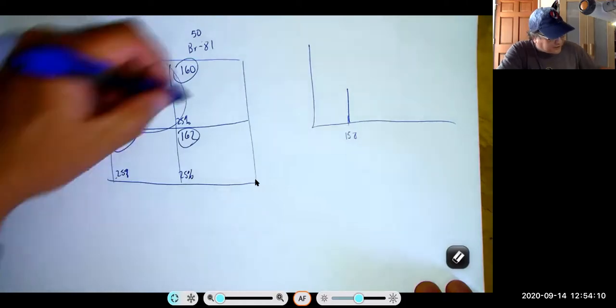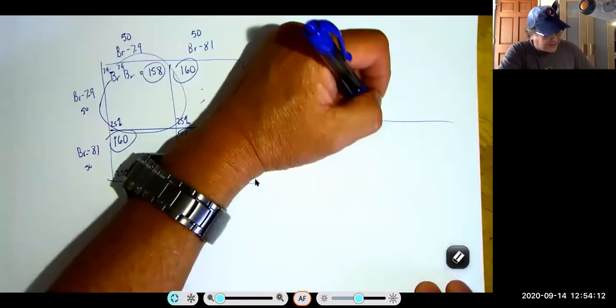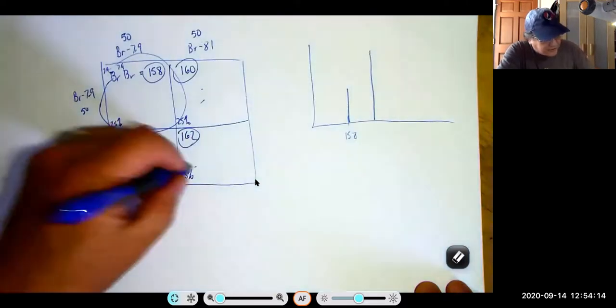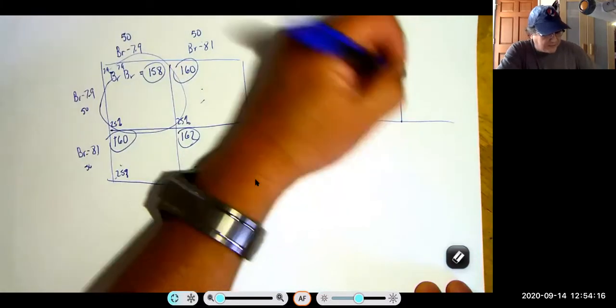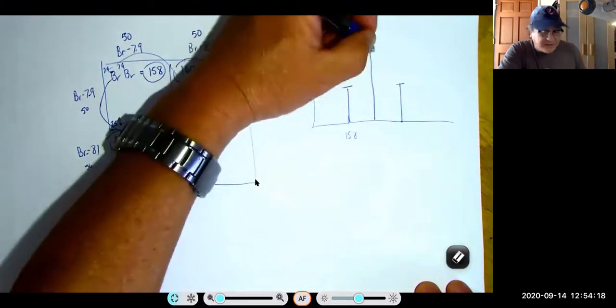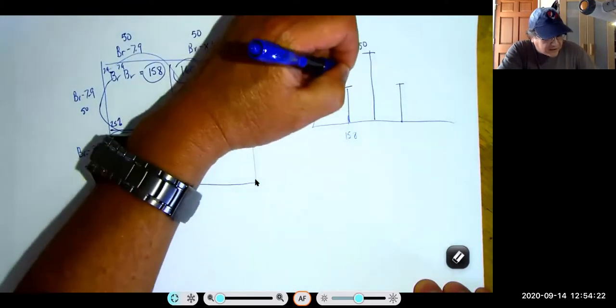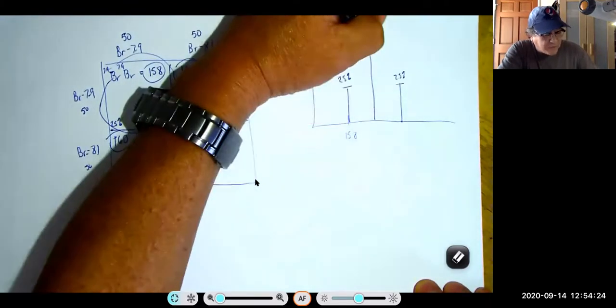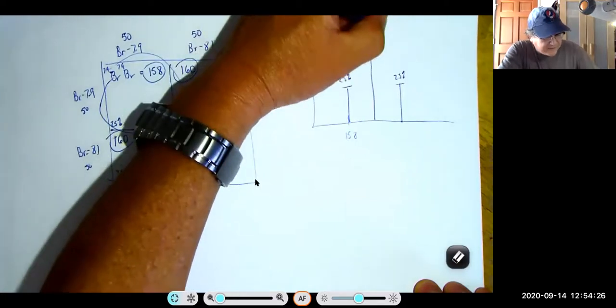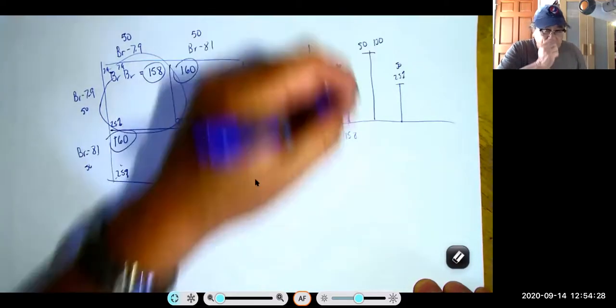Your 160 would be 50% of the time. And your 162 would be 25% of the time. So we get them to be looking like that, where this would be 25%, 50%, and 25%. Are you with me here?